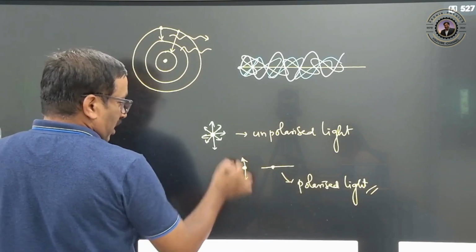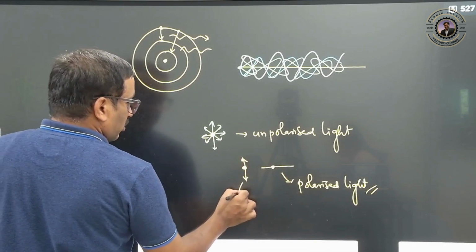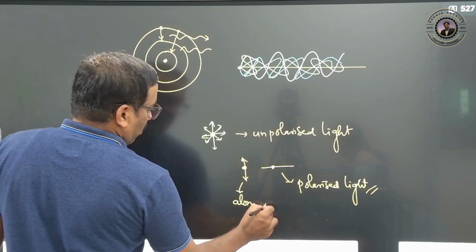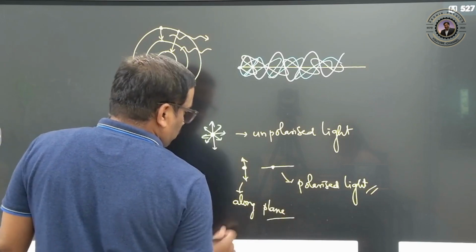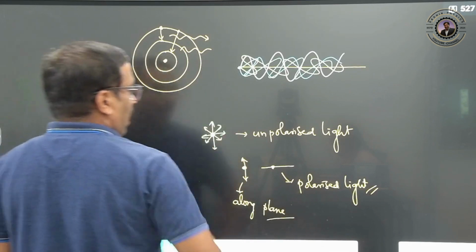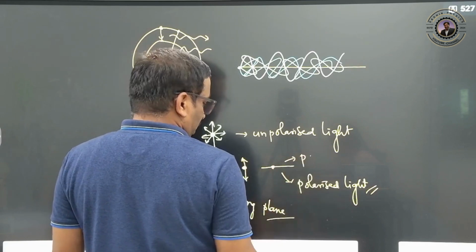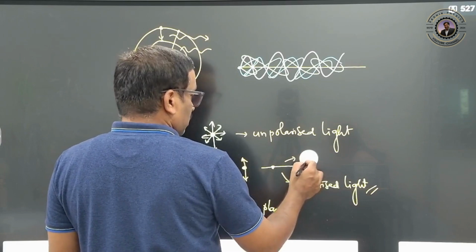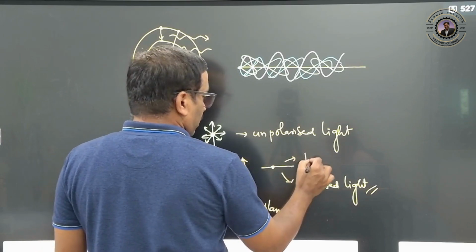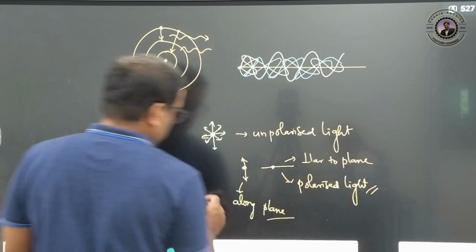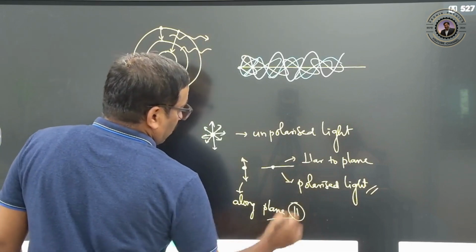These vibrations are along the plane, that is, parallel to the plane of this one. This one is perpendicular to the plane of this one. Clear? This direction is said to be perpendicular to the plane of vibration, and this is along the plane, meaning parallel.